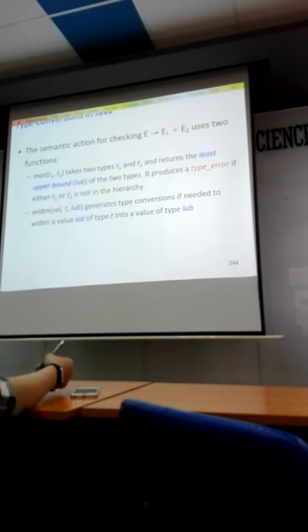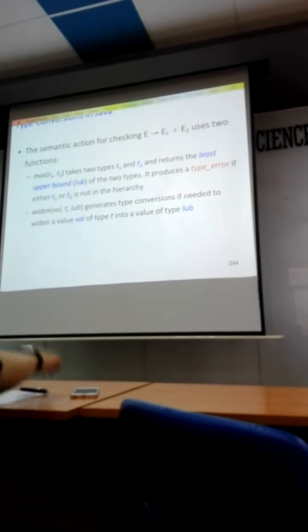Now, what about widen? This pseudo function generates type conversions if needed to widen a value of type t into a value of type what? Type w. Okay.